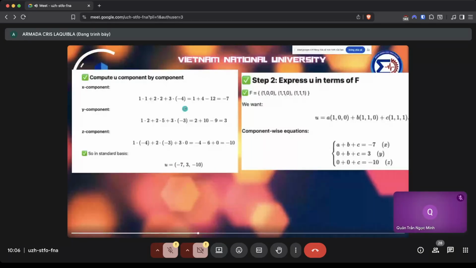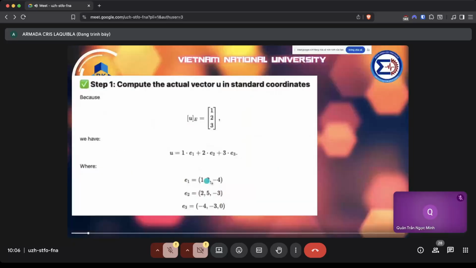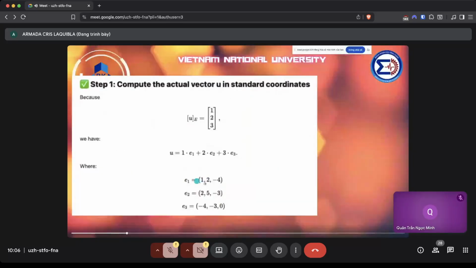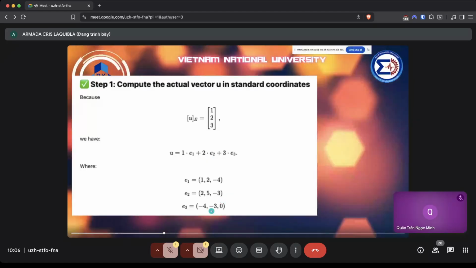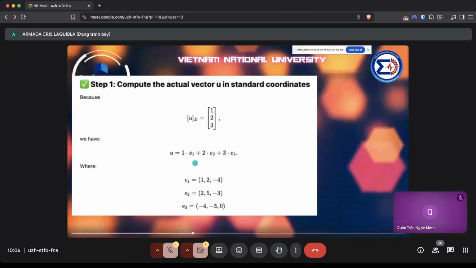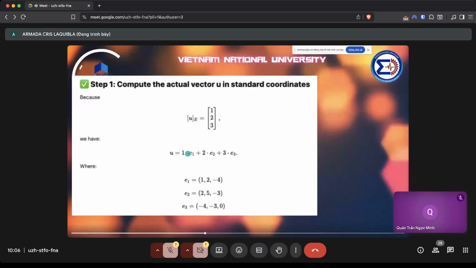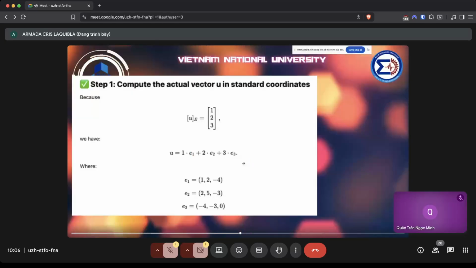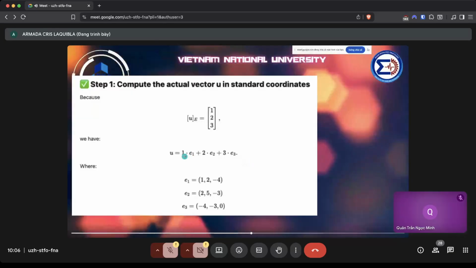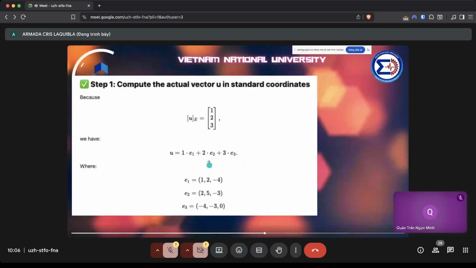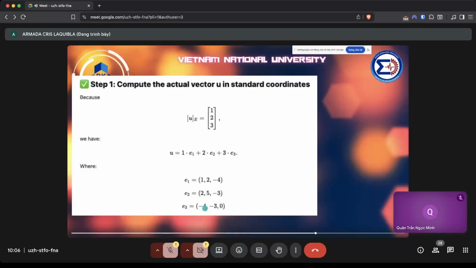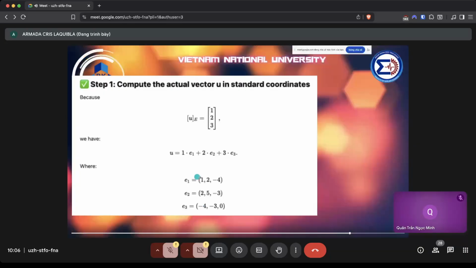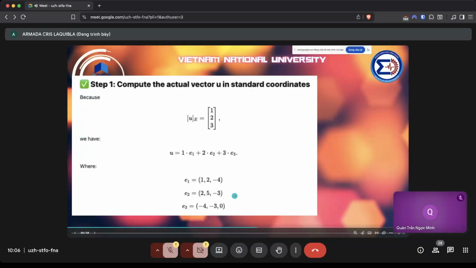Just multiply it, class. 1 times this, then 2 times this, and then 3 times this. Now get the first components. So first you have 1, 2 times 2 here, and then 3 times negative 4. So what is that? This is 4, this is 1, and then this is negative 12. 4, 1, and negative 12.